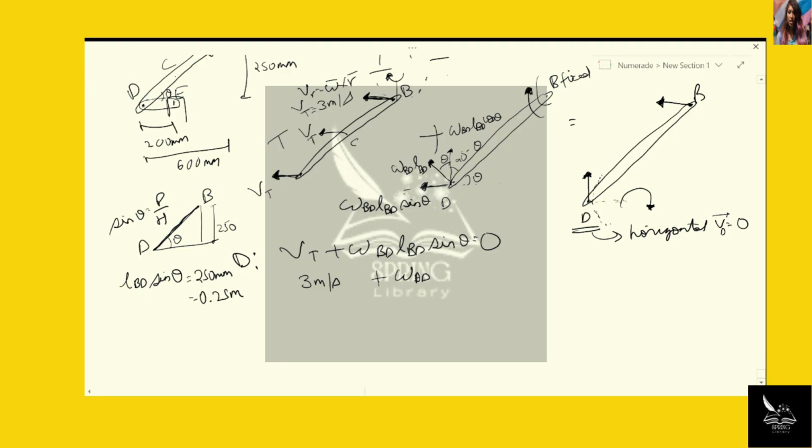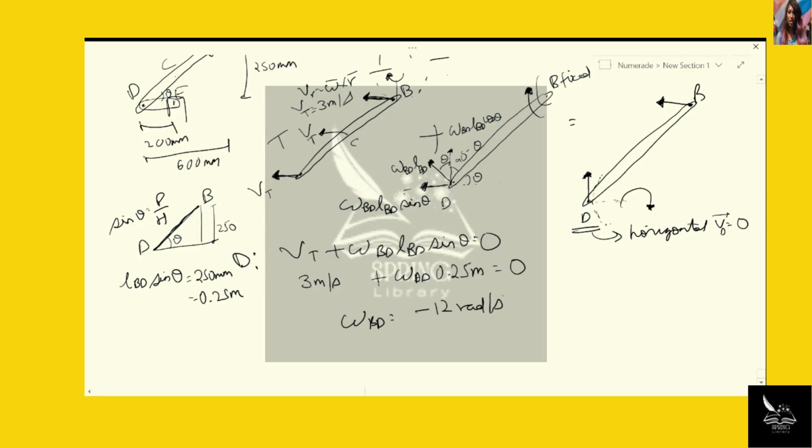So then we get 0.25 meters equals 0. Then omega BD we get as minus 3 meters will cancel, and 0.25 will divide 3, which means 3 will be multiplied by 4. So this will be minus 12 radians per second.